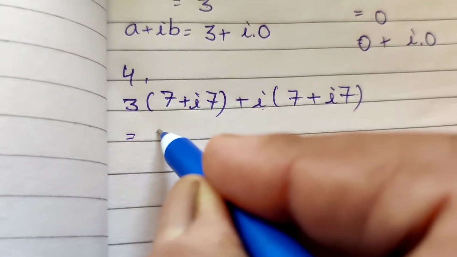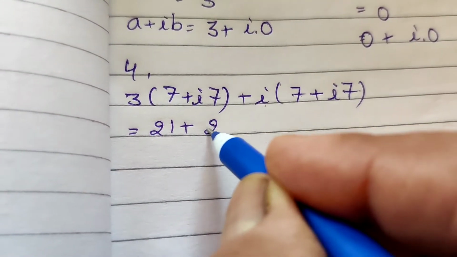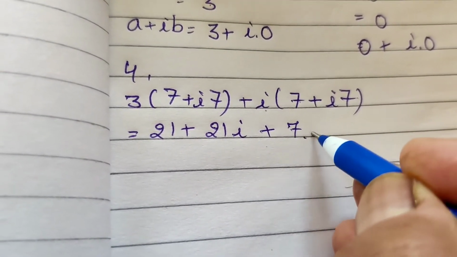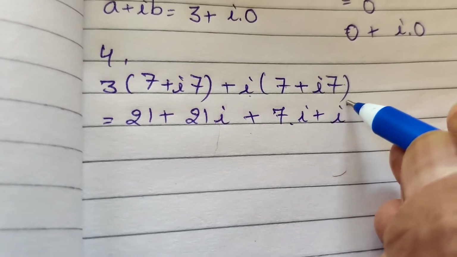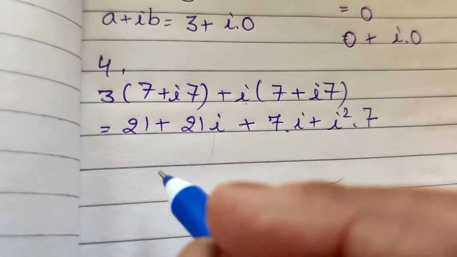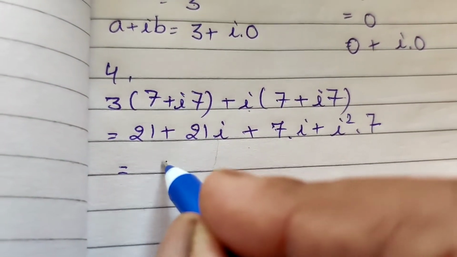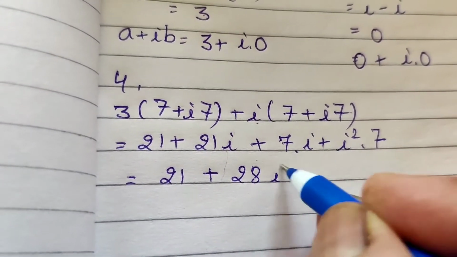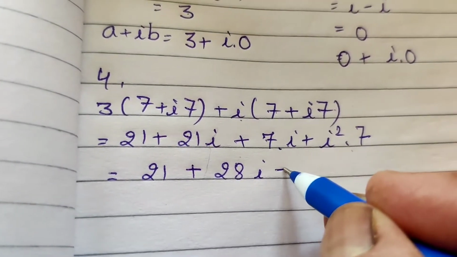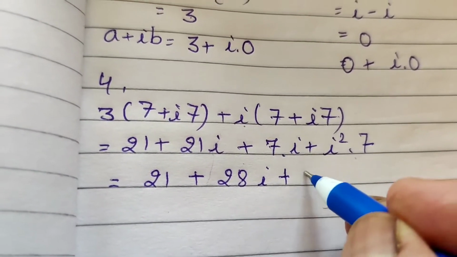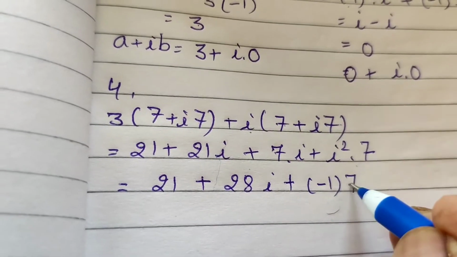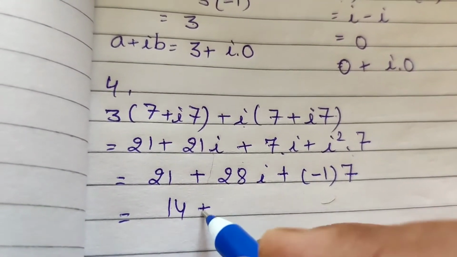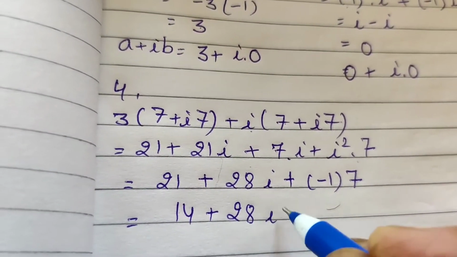Okay. Next. The next question is 3 into 7 plus i7 plus i into 7 plus i7. Just multiplying by 3, 21 plus 21i. 7 into i plus i square into 7, it is equal to 21 plus 28i. i square is -1, so it means -1 into 7. 21 minus 7 is 14 plus 28i.